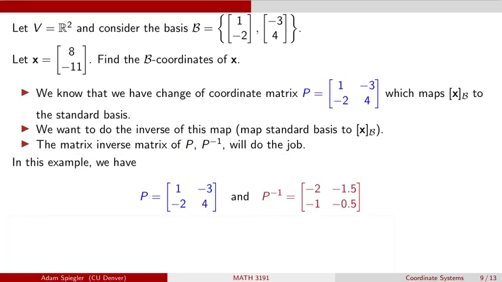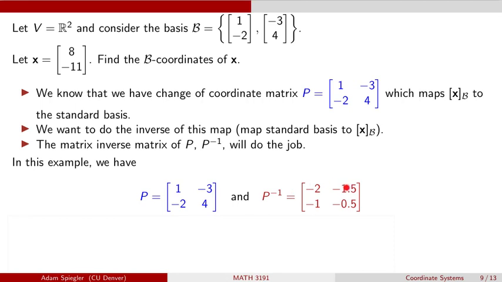And in this case, the change of basis matrix to go from B into the standard basis would be this matrix P, whose first column is (1, -2), whose second column is (-3, 4). We want to go the other way, so we can find the inverse of this matrix.